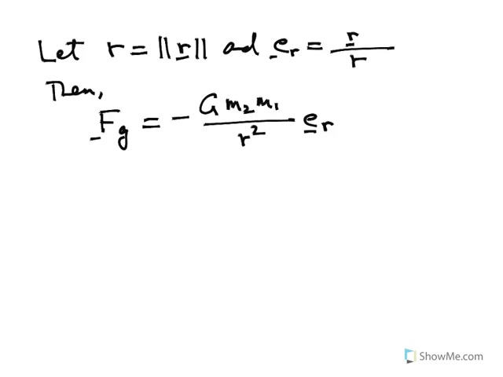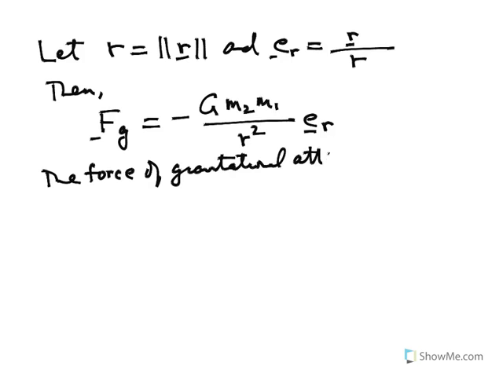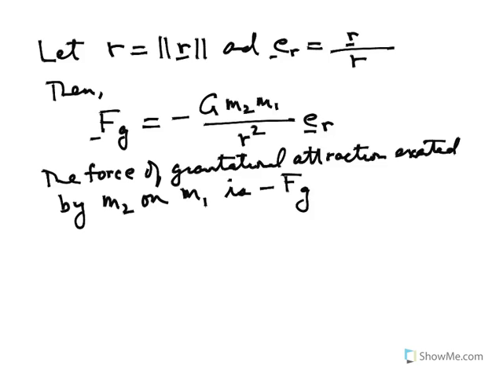So if we do the reverse, the force of gravitational attraction exerted by m2 on m1 is minus F_g. I just reverse the entire process, and if I do this from m2, I get the exact opposite of what I get from m1.